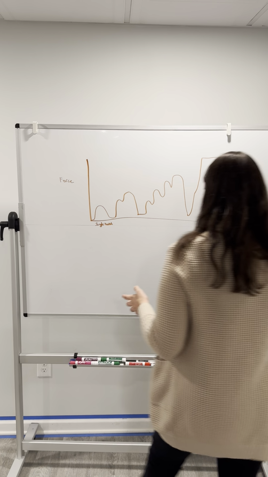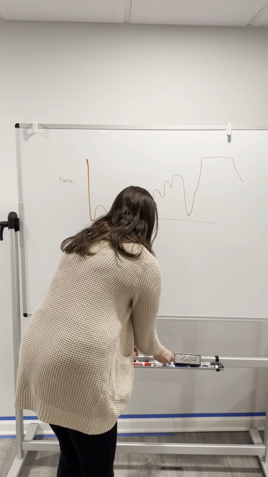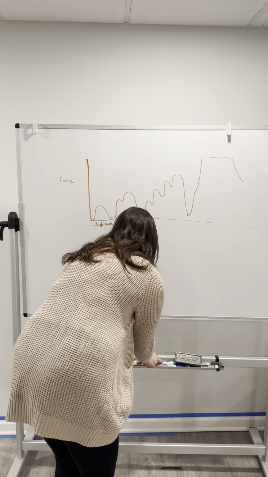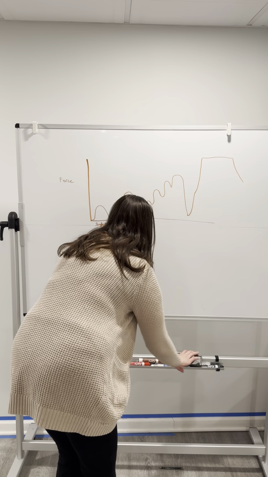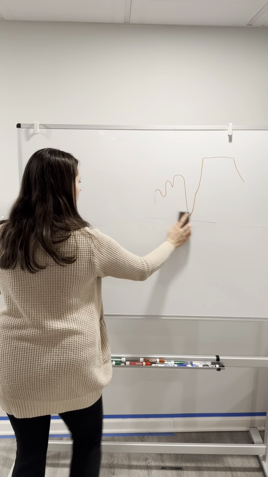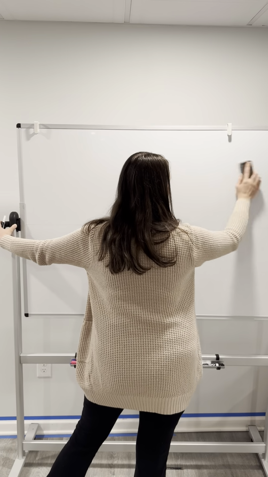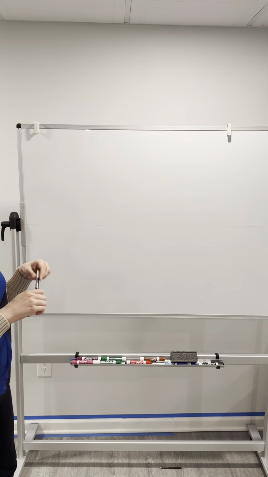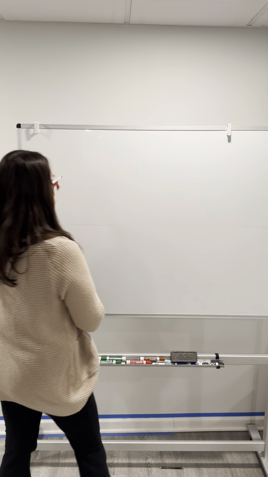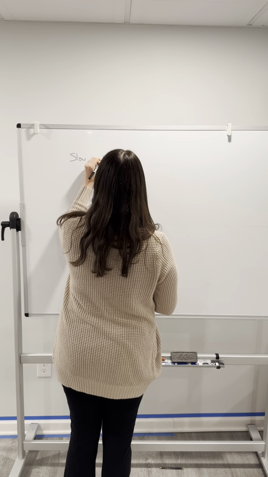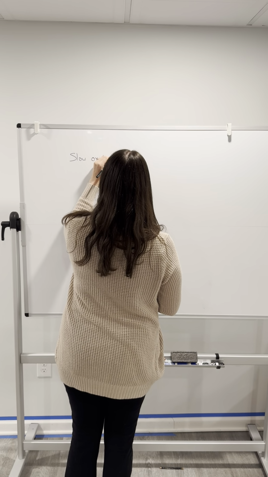Okay, so we have different muscle fiber types as well. Let's briefly talk about those. So we have slow oxidative fibers, slow oxidative, okay?